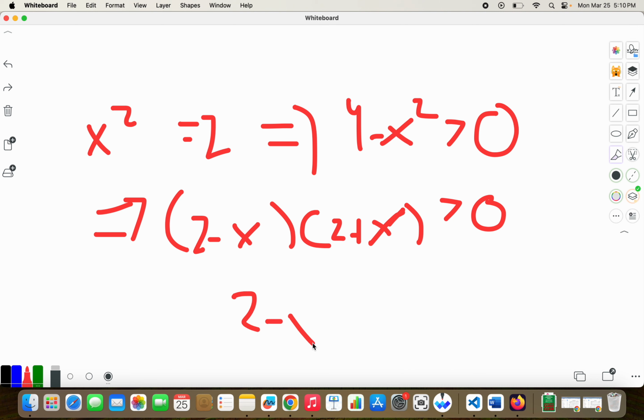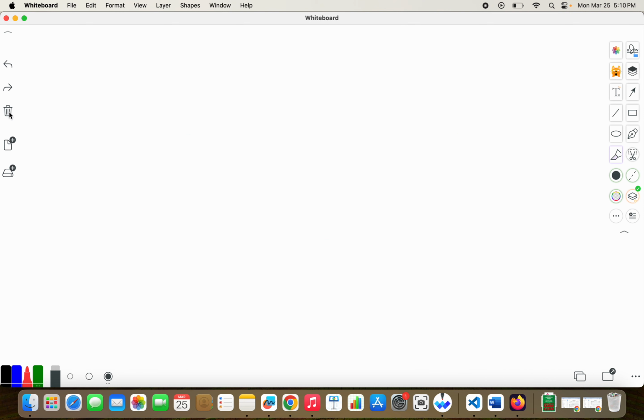Okay, my notes are very weird. So factoring: x squared equals 2, so 4 minus x squared is greater than 0, and we factor it out. 2 minus x is greater than 0, x minus 2 is less than 0, you could say that. I don't want to say that out.